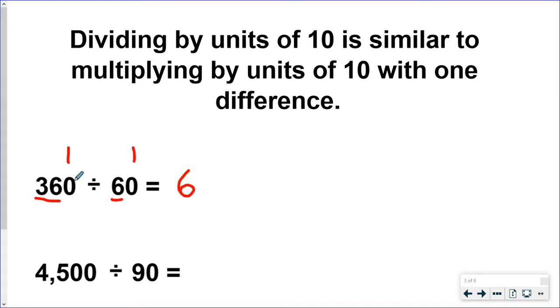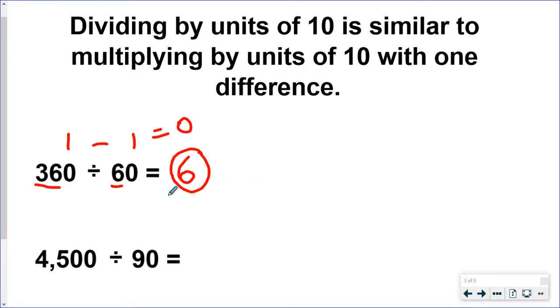So there's 1 zero on this side, there's 1 zero on this side, and I'm going to subtract those two numbers. 1 minus 1 is 0, which tells me how many zeros I add onto my answer. If I add no zeros whatsoever, that means the answer is just going to be the number 6. So 360 divided by 60 is just going to be 6.